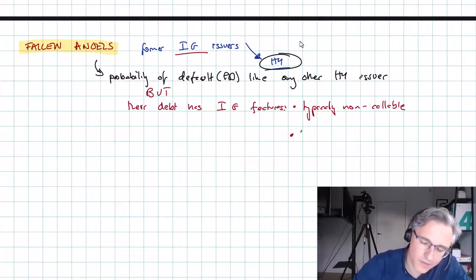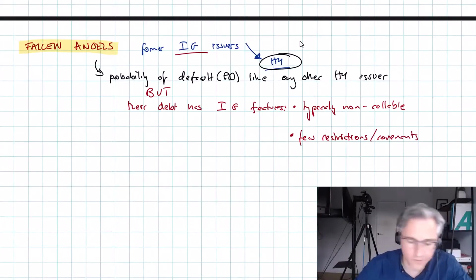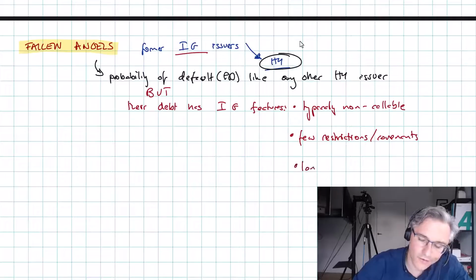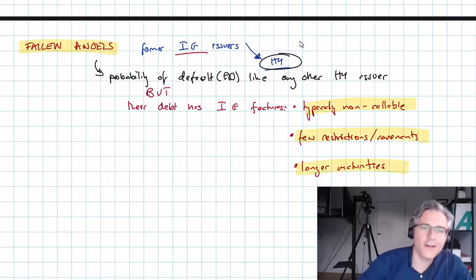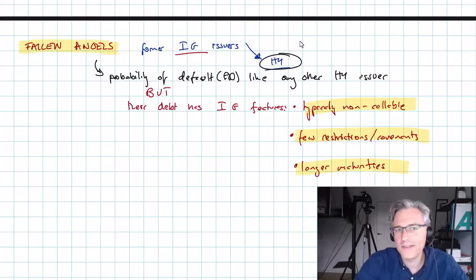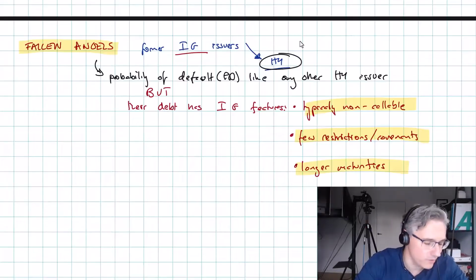It will typically be associated with few restrictions built in, few covenants or very mild covenants, and definitely longer maturities, which are quite characteristic for the way in which investment grade or higher quality issuers borrow. Obviously, these specific characteristics come from the fact that this debt was issued at a time when the issuer was still an investment grade issuer, which they no longer are.